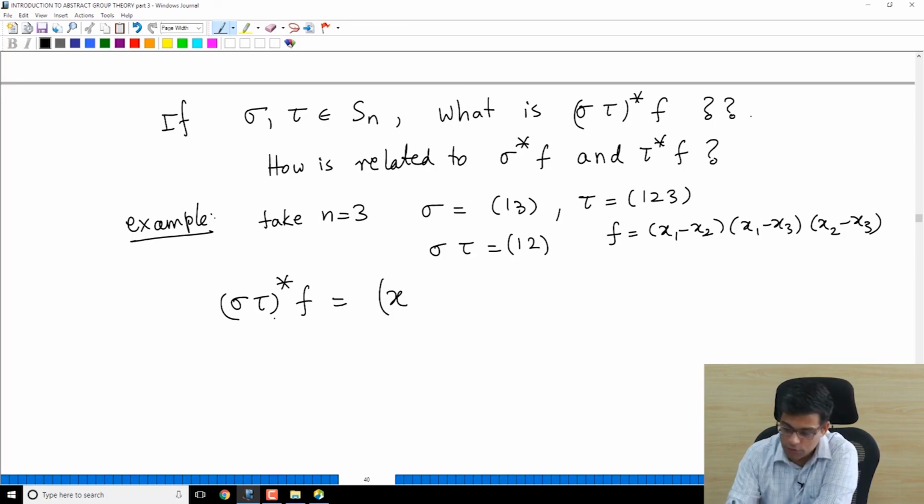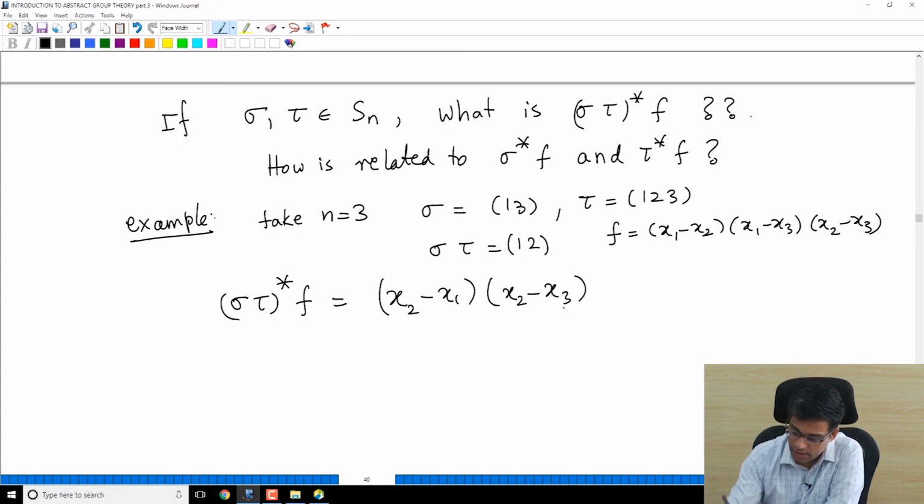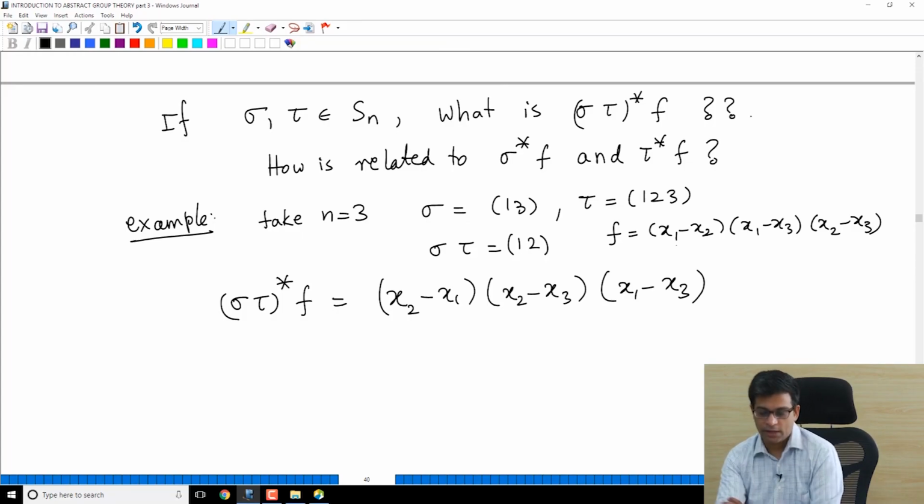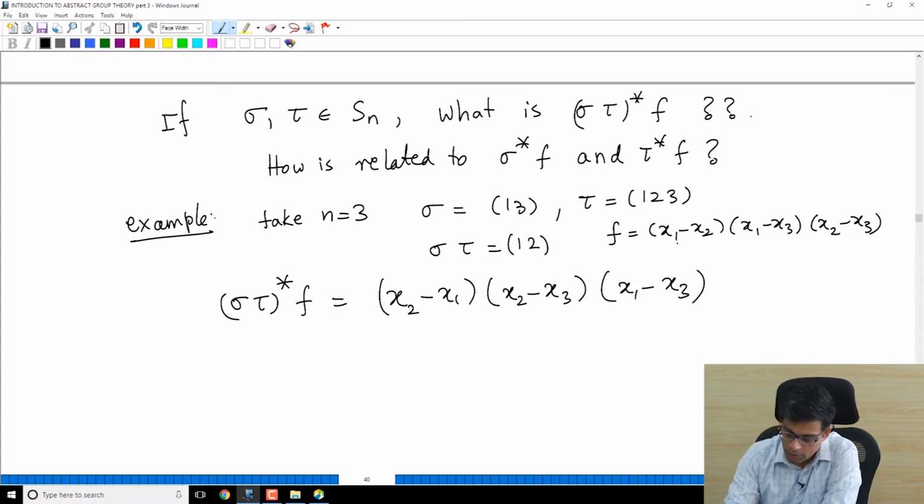So sigma tau star f will be, I will just directly write, x1 goes to 2 and 2 goes to 1, so that's x2 minus x1. 1 goes to 2 and 3 is fixed, so that's x2 minus x3. And 2 goes to 1 and 3 is fixed, so that's x1 minus x3, right? I just look at the subscripts, the indices of these variables, and see where they go under sigma tau.